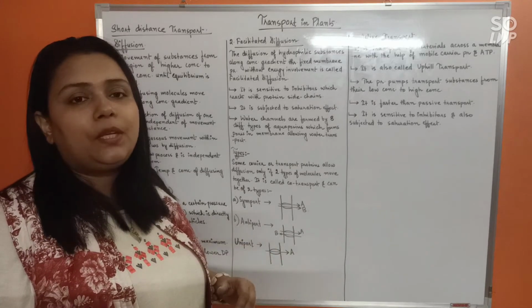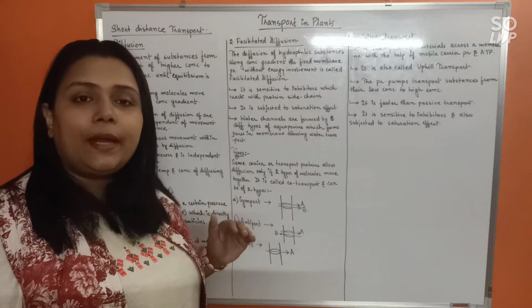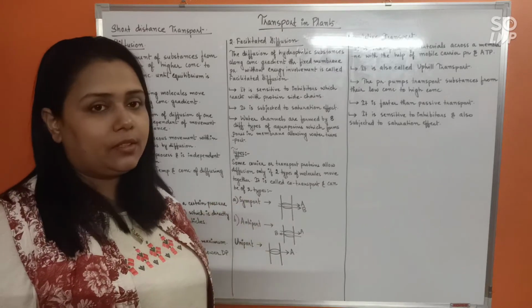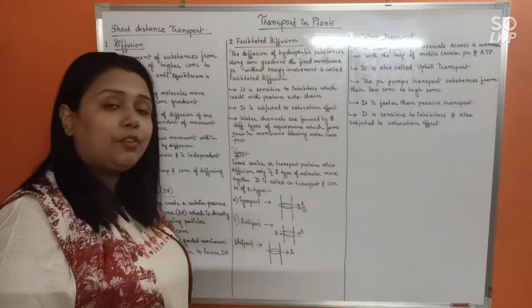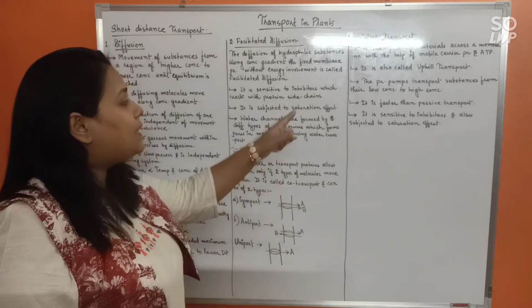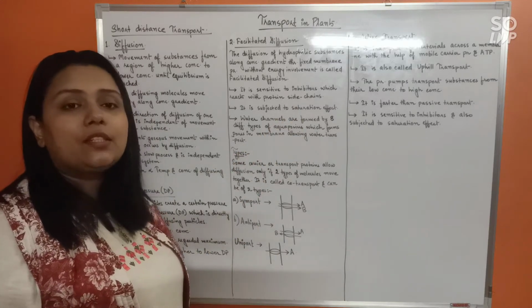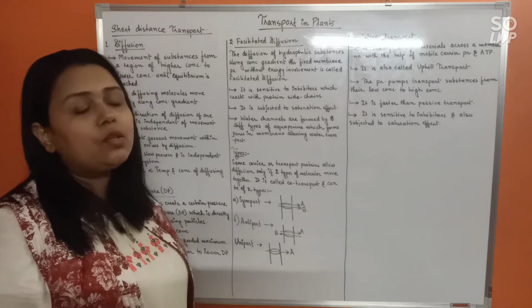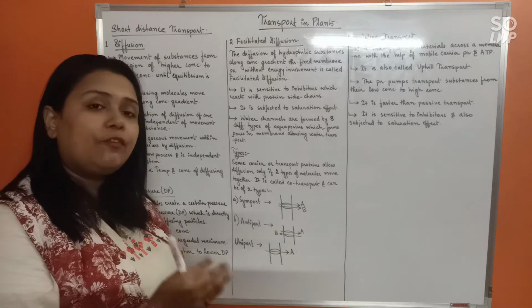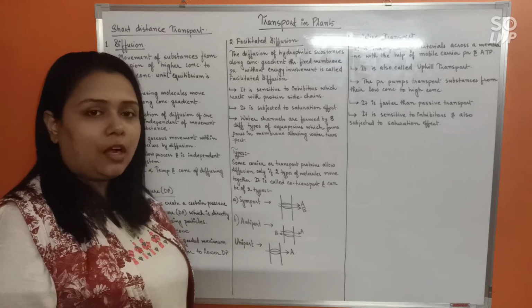So we call it the saturation effect. We call that point the saturation point. Understood? So facilitated diffusion is subjected to saturation effect, meaning its rate will become maximum once all the carrier proteins involved in the transport become functional.